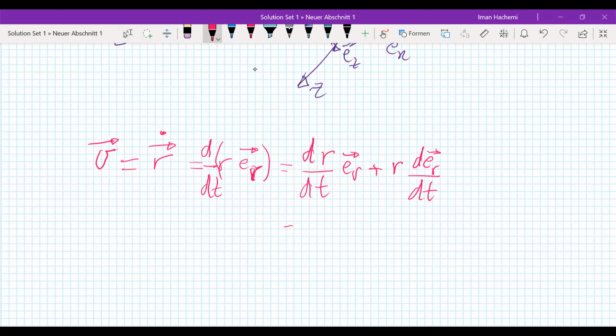And this can be written like this, that we have R dot eR plus R eR dot, like this.